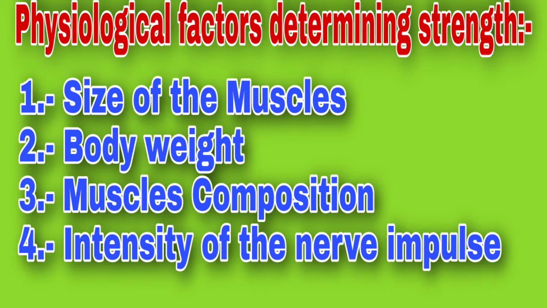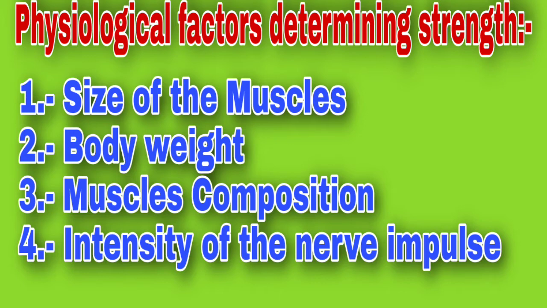Each muscle consists of primarily two types of muscle fibers. Number one, fast twitch fibers, which are also known as white fibers, and number two, slow twitch fibers, which are also known as red fibers. The fast twitch fibers can contract faster and so they can produce more force. On the other hand, the slow twitch fibers are unable to contract faster, although they are capable of contracting for a longer duration.